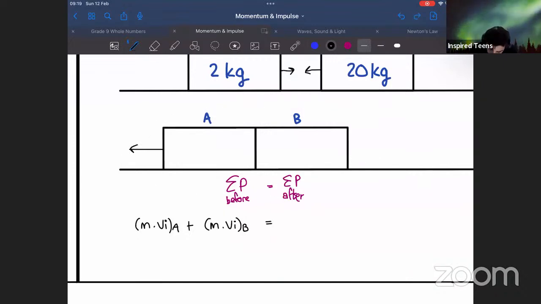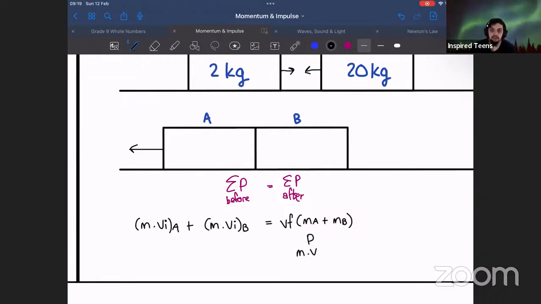So I'm going to say V final times the sum of their masses, because now it's technically one object. This is basically like calculating momentum for one object, m times v. I just said v times m because now we need to add the masses.